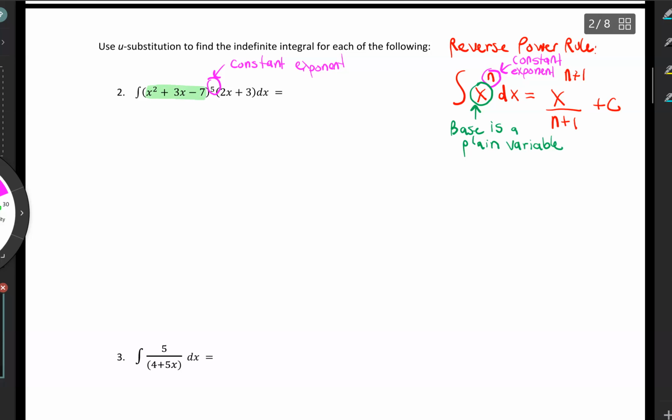Right here, this base is not a plain variable. Okay, so we need u substitution to make it match the rule. So use u substitution to match the rule, the reverse power rule.